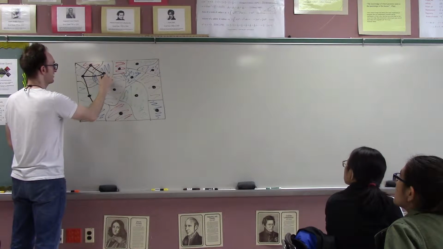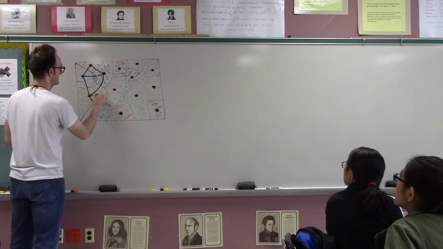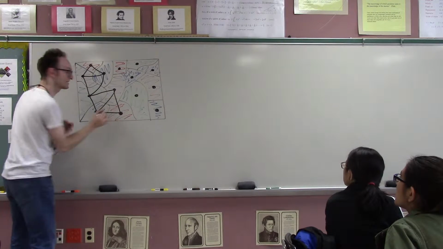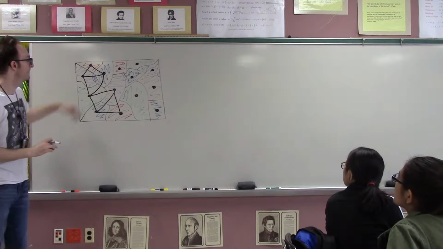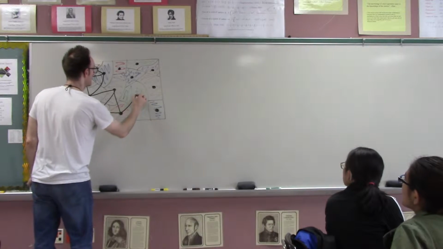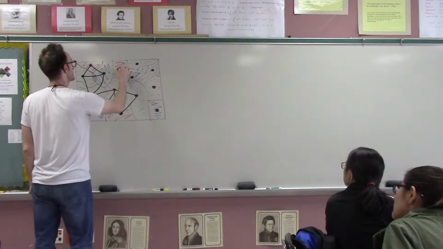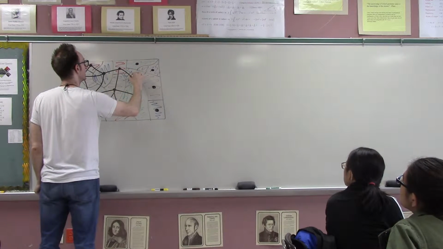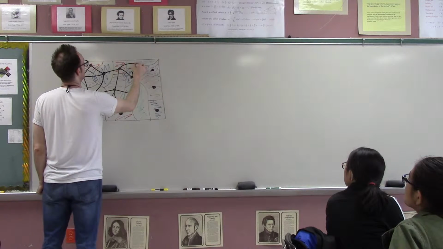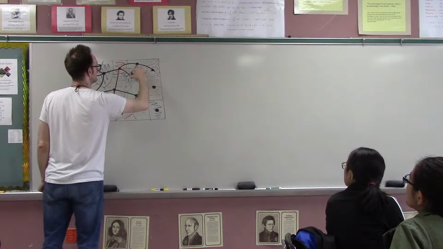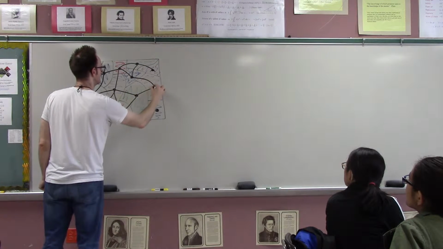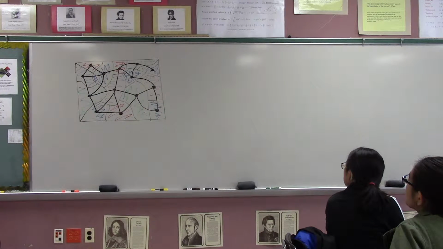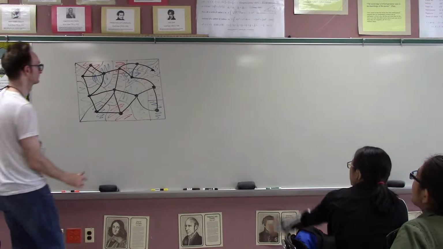These 2 share a border, so connect, connect, connect. We're basically putting an edge between every 2 regions that share a border. It's just the definition of the dual, and there we go. Did I miss one?